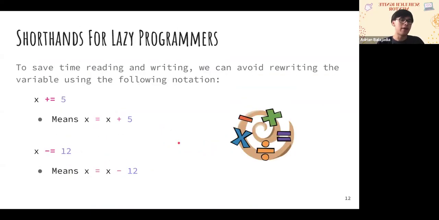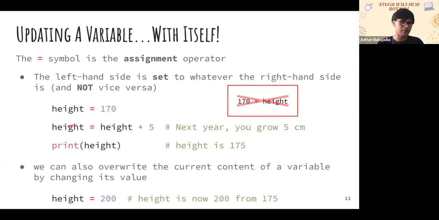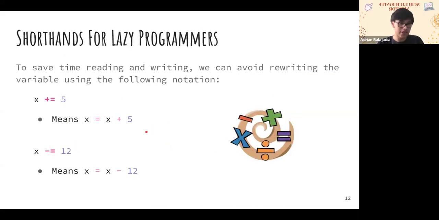But if we go back right here, height equals height plus 5, there's actually a shorthand way of doing this. All you have to do is specify plus equals 5. Programmers are lazy. They like making things efficient, and actually doing this shorthand makes it highly readable.